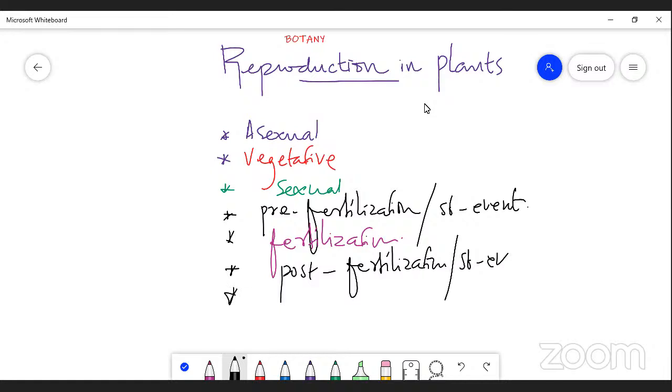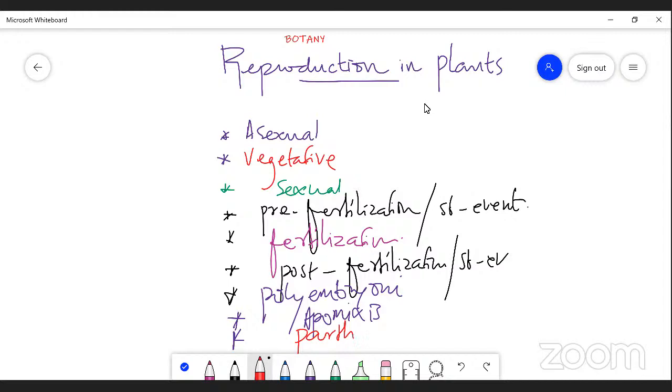The next one is polyembryony. The next topic is apomixis. And the last one is parthenocarpy. So these are the subtopics that we are going to discuss in the first chapter, reproduction in plants.